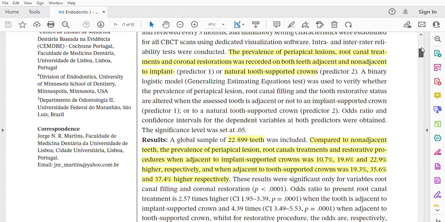These results were significant only for the variables root canal filling and coronal restoration.